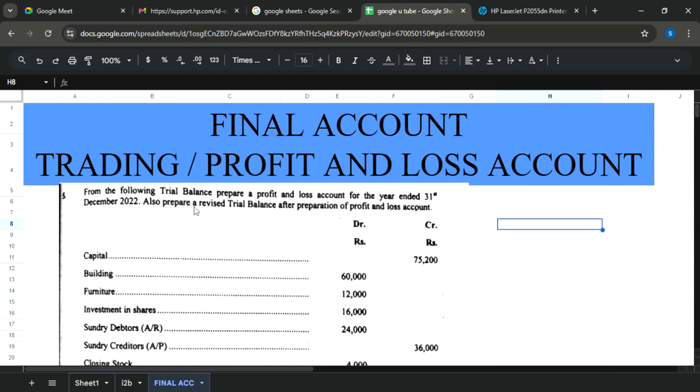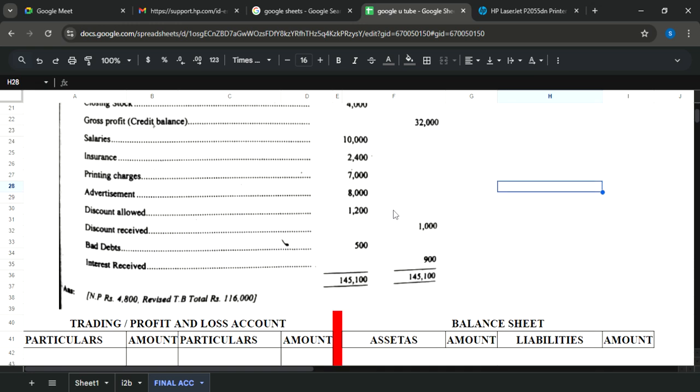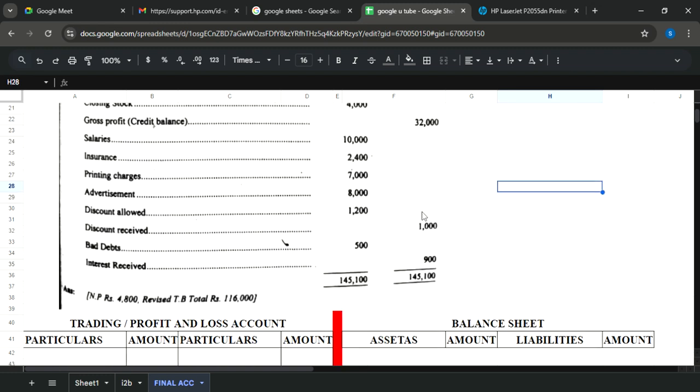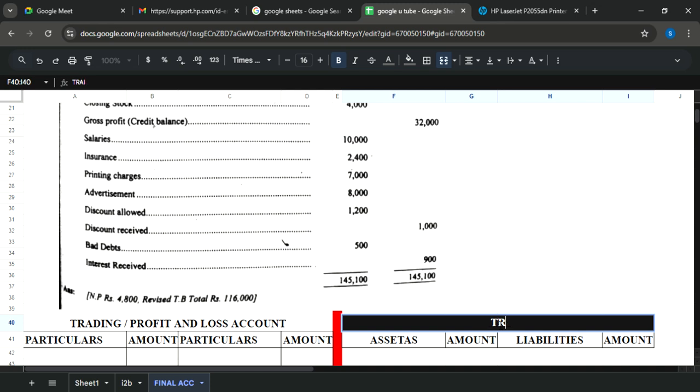Then we have to prepare a revised trial balance after preparation of the profit loss account. So it means we need to calculate net profit and revise the trial balance. Still, we do not need to make the balance sheet, and here again we are going to make a trial balance.